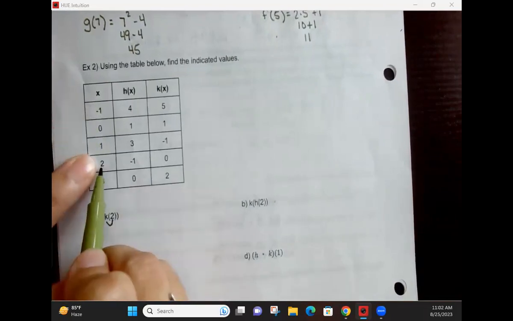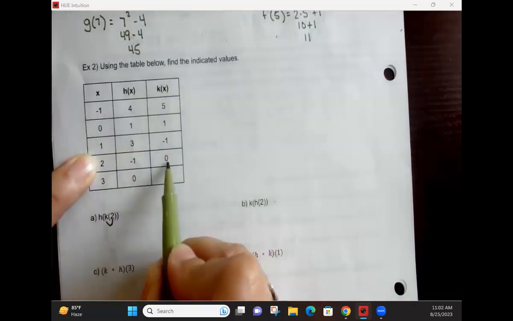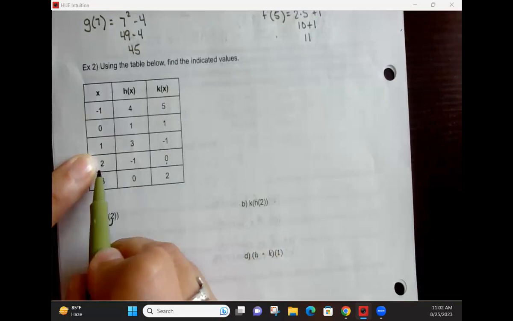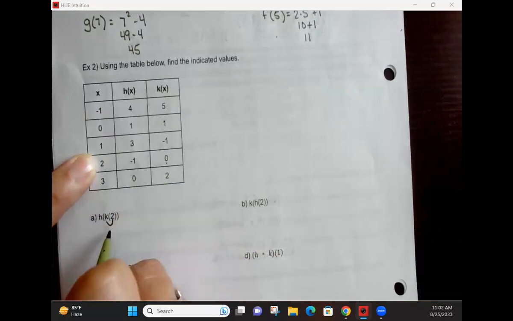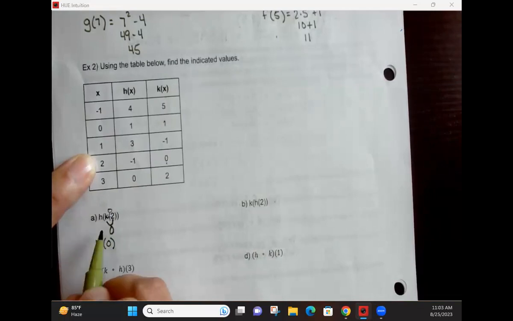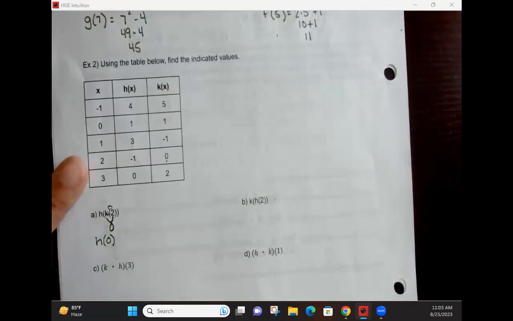2 is my input, and I want to know what's the output for k. So I need to go over to the k column, and there's my output. k of 2 is 0. Now I need to find h of 0.